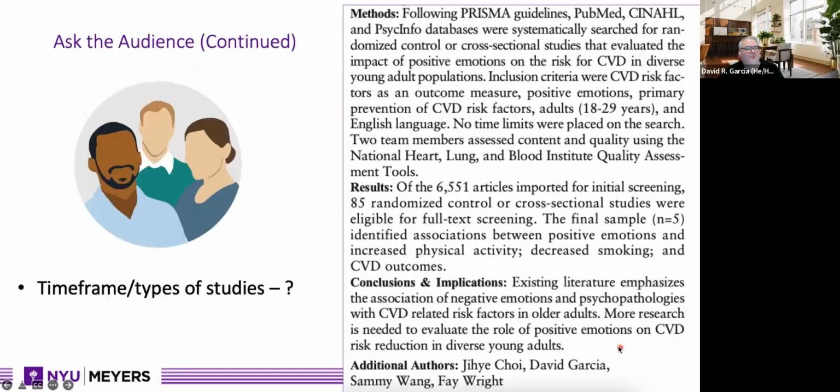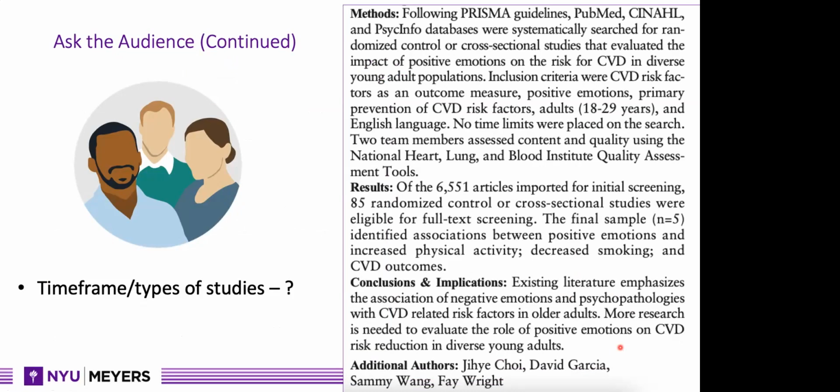So would you like to read forward the methods? Sure, I can do that. Methods. Following PRISMA guidelines, PubMed, CINAHL, and PsycInfo databases were systematically searched for randomized control or cross-sectional studies that evaluated the impact of positive emotions on the risk for CVD in diverse young adult populations.